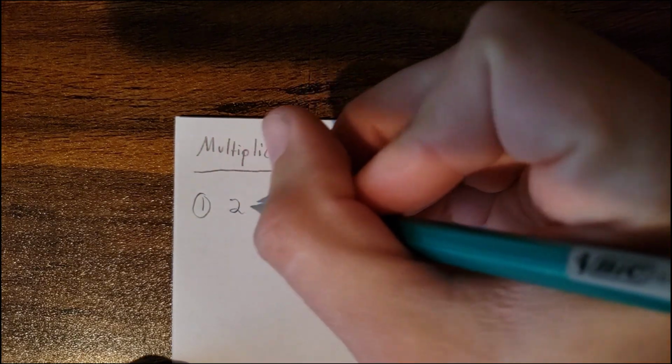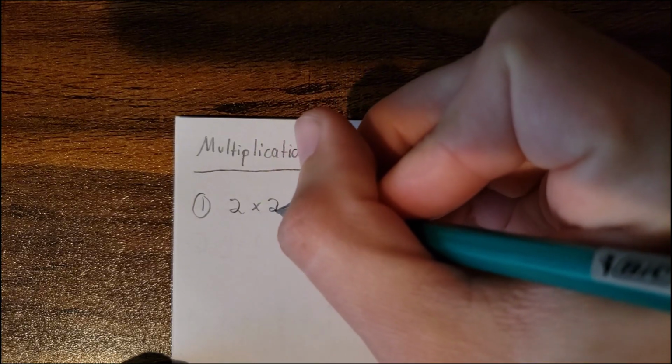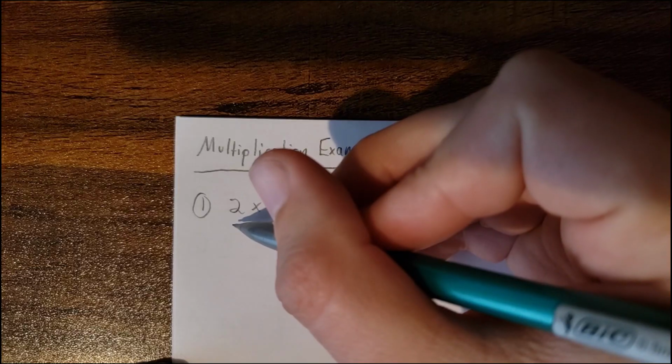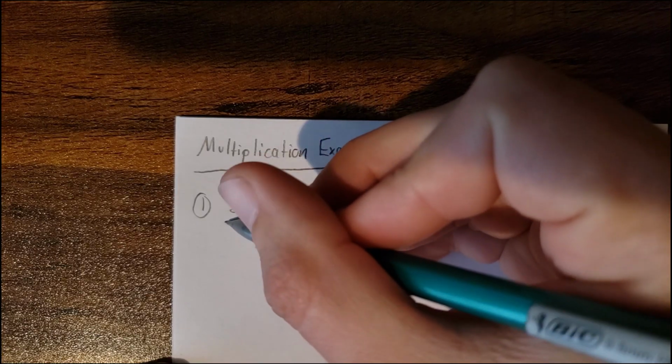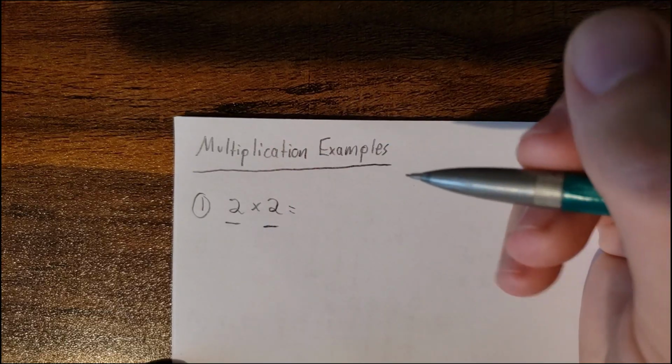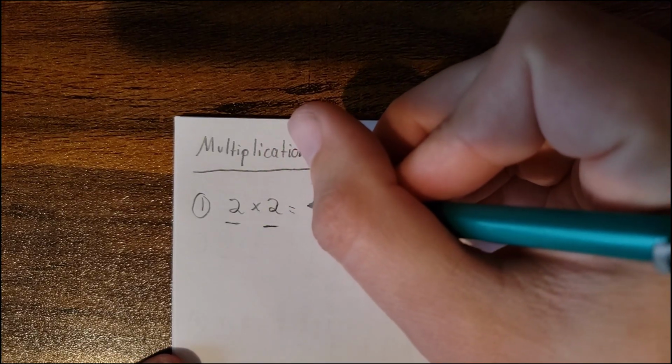Before we get too far, I'll do a quick review of what we learned last time with our first problem, which we'll keep really simple with 2 times 2. With this, we're looking at adding 2 groups of 2 together. So we'll write that out.